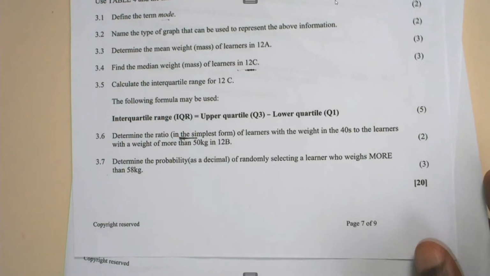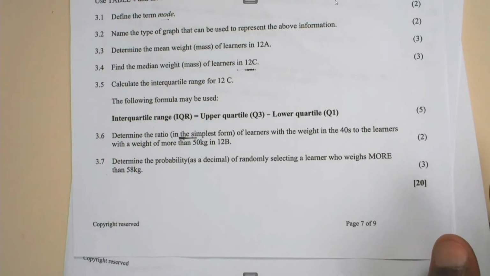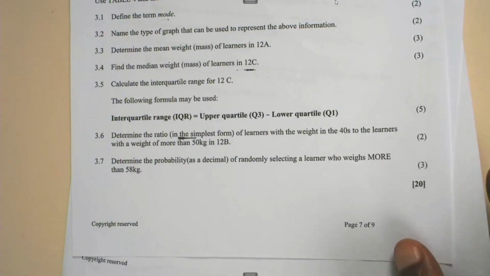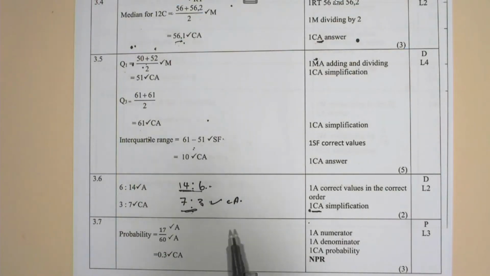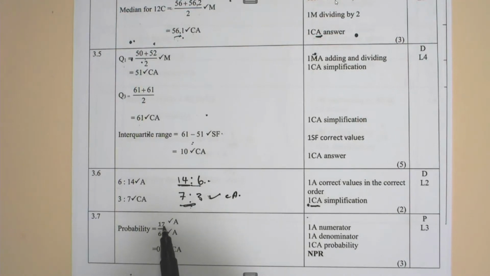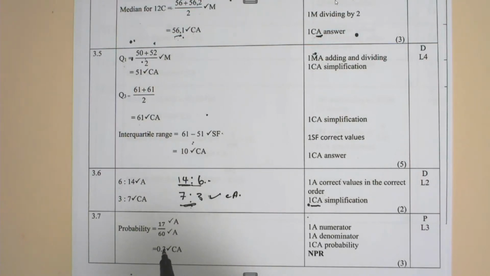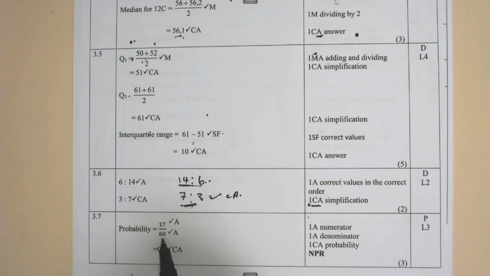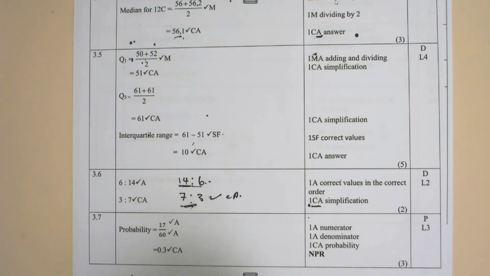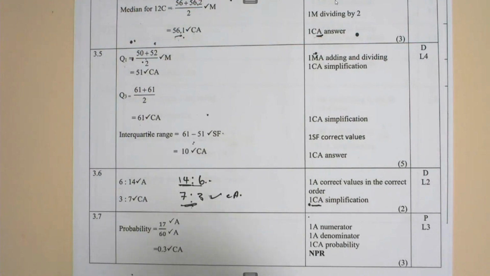3.7, it says determine the probability as a decimal of randomly selecting a learner who weighs more than 58. Now the probability will be, we have 17 learners out of the whole, out of 60 learners who weigh more than 58 kg. We have 17 learners over the total number of learners, which is 60, and then the answer should be 0.3.